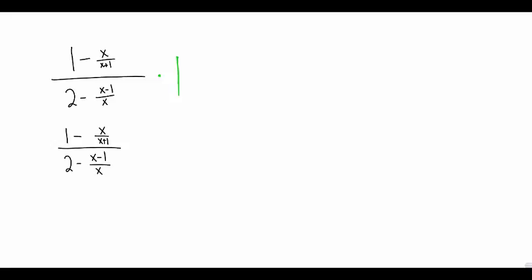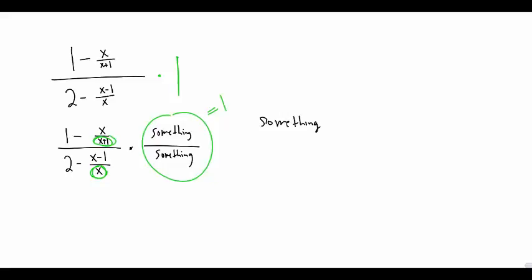What we would like to eliminate are these inside denominators. So what can I multiply by? Something over something will be our 1, multiplied so that after multiplying, these two inside denominators are eliminated. The something has to be divisible by both of the denominators.